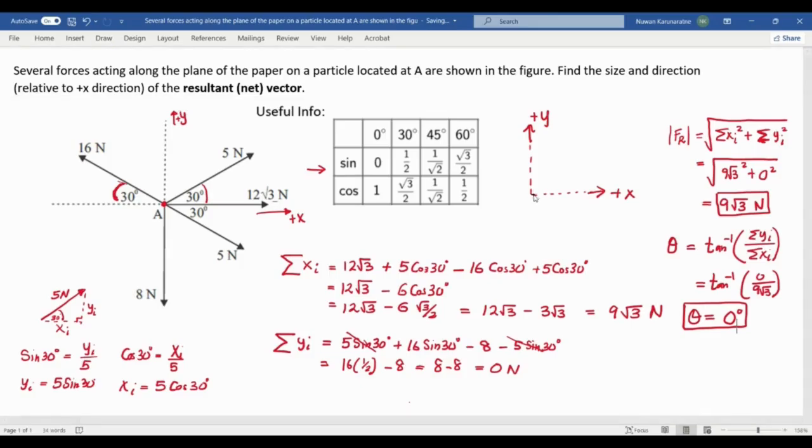So the net force is basically directed along the positive x direction. Okay, that's the direction. That's why we have theta equals 0, and the size Fr is simply going to be 9 square root of 3 newtons. Okay, so that's the size and the direction of the net force.